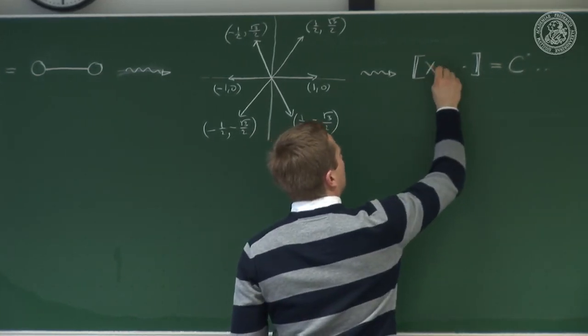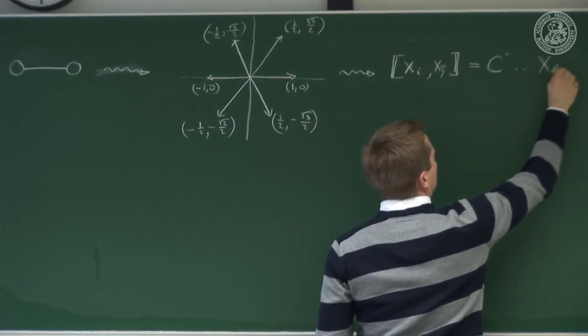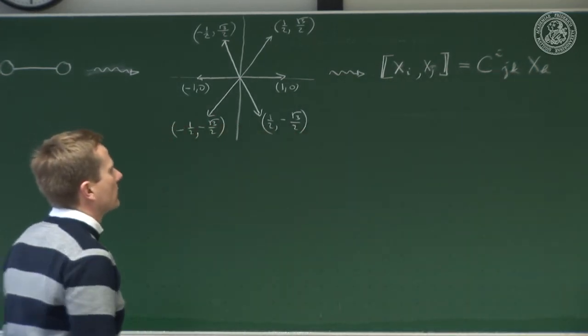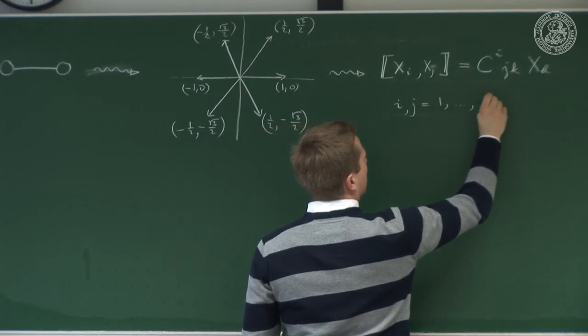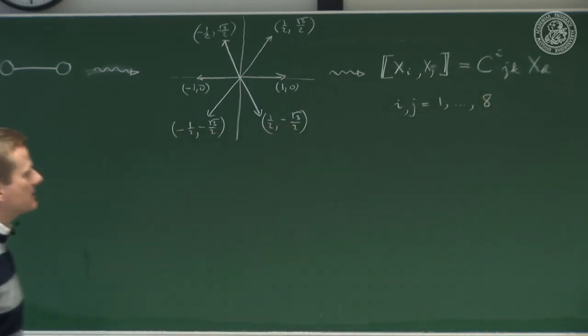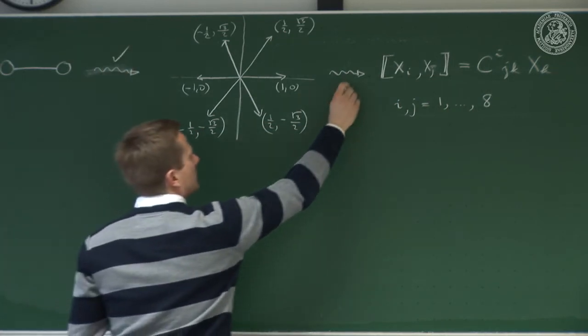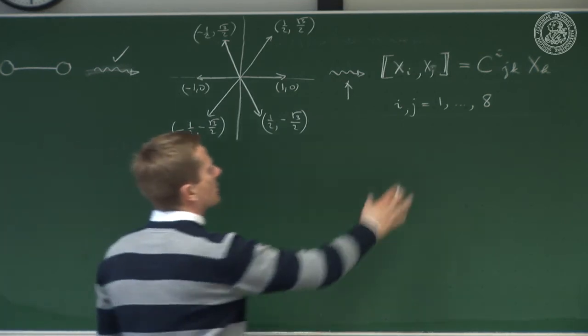So if I chose a basis xi, xj, there'd be structure coefficients c_ij^k here. And we already saw that in this case, i and j run from 1 to 8, because it's an 8-dimensional algebra. So this we already completed, and this step we will now perform. So how do we get these commutation relations?